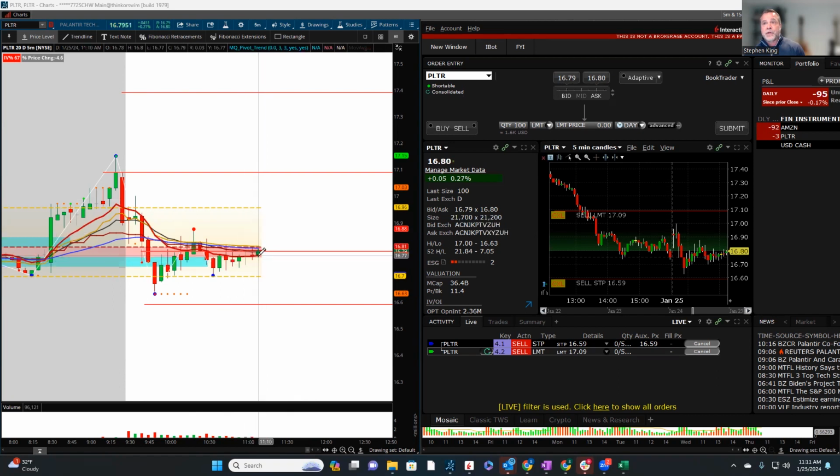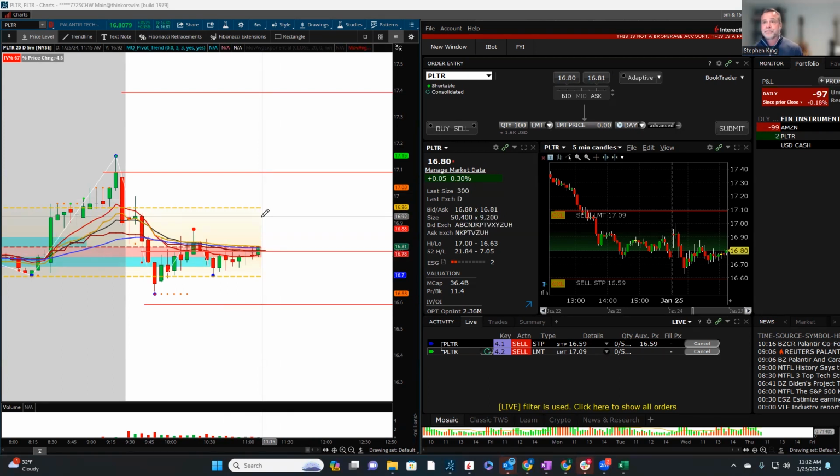The overhead resistance is holding price in check, but we are making minor higher lows, so we're building pressure. If this can break this level and close above the resistance, then we have a good chance of this moving pretty quickly.